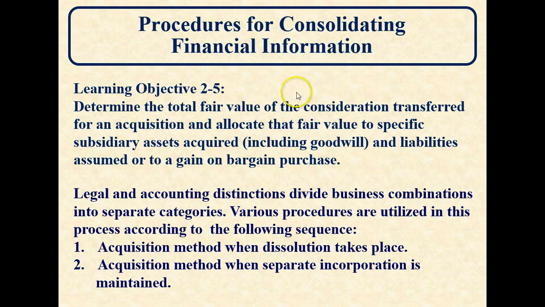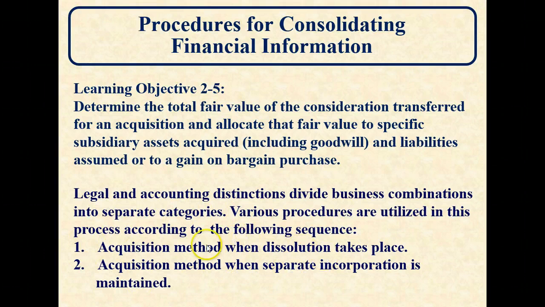And then we're going to follow various methods when we are consolidating financial statements when one company is totally dissolved. We're going to use a specific method to show on the financial statements how we consolidate all the assets into one company.